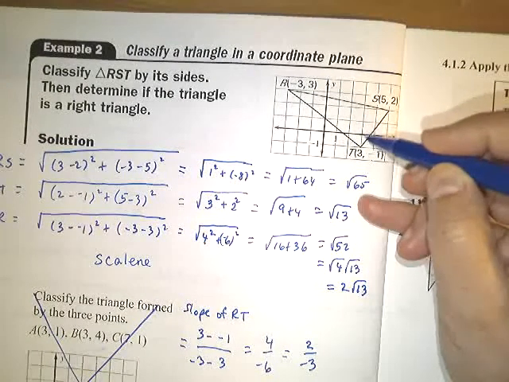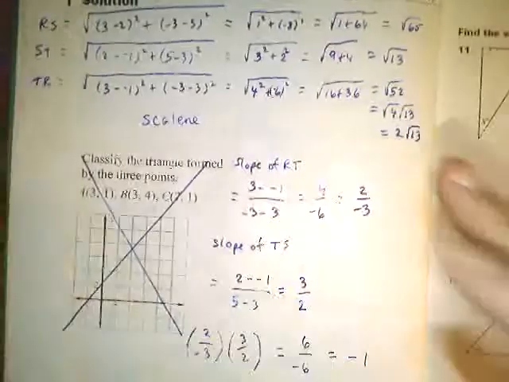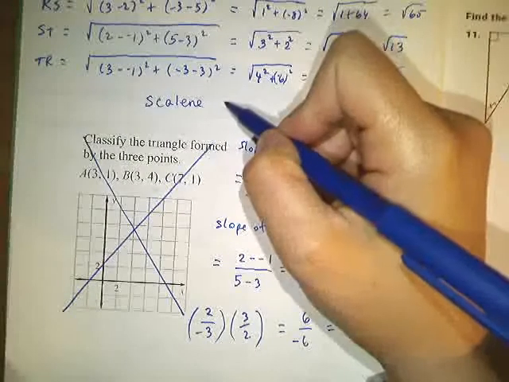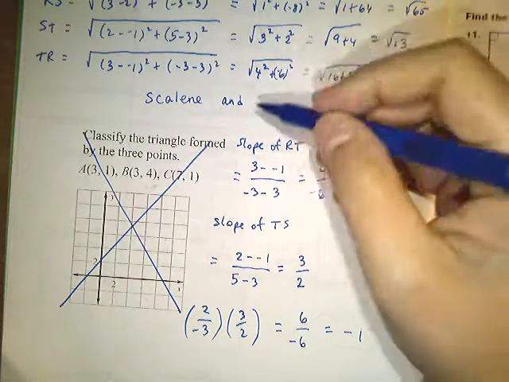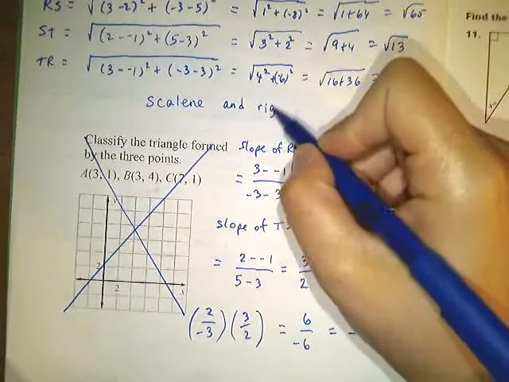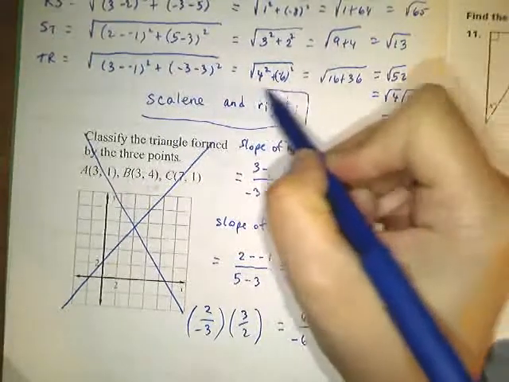And I could mark that like that if I wanted to. And that means that this triangle is a right triangle. So I'm going to say that it is both scalene, based on the side length comparisons, and right, based on the fact that I have one right angle present.